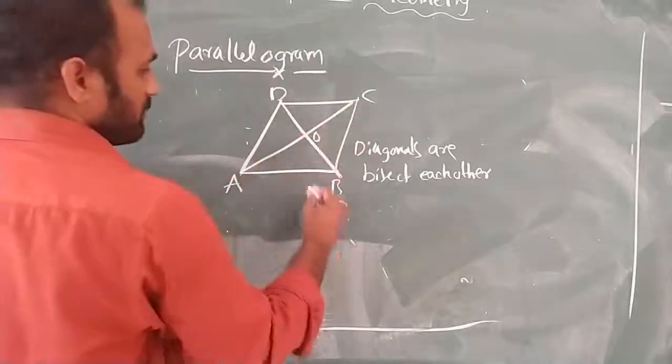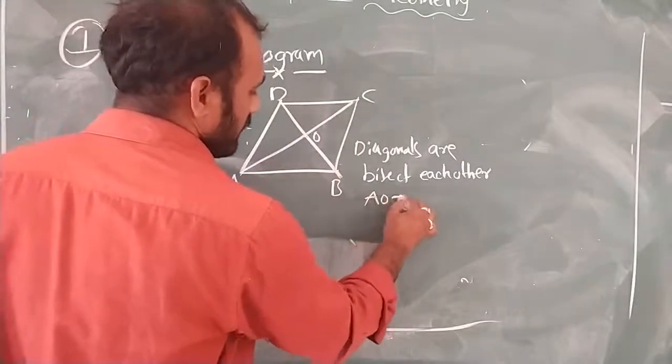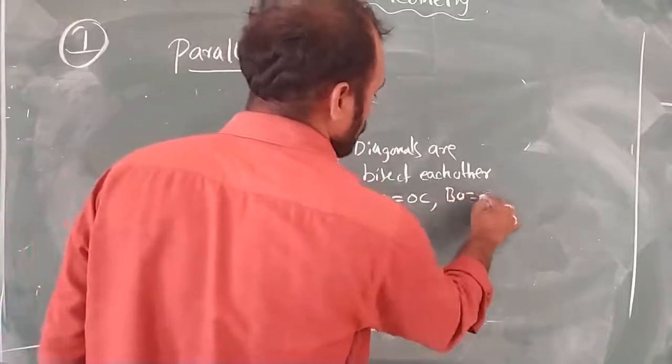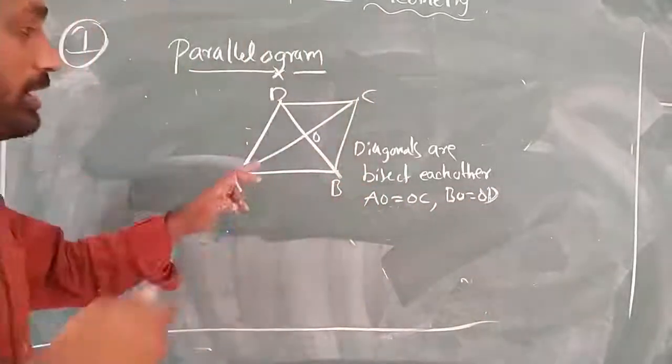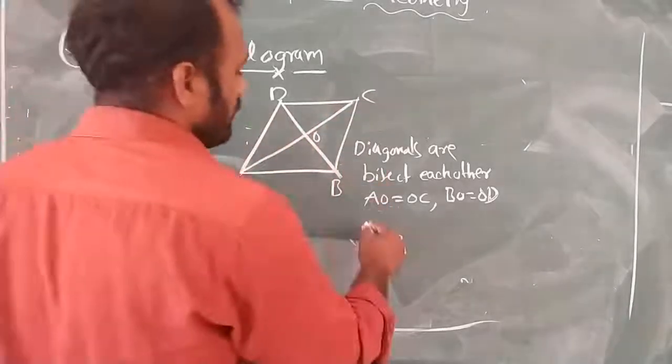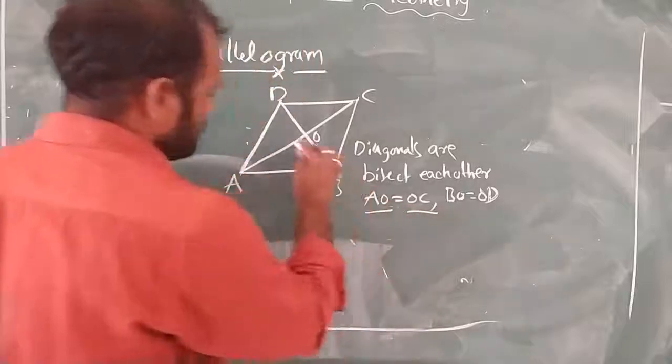If it is bisecting, then I can say that AO is equal to OC as well as BO is equal to OD.